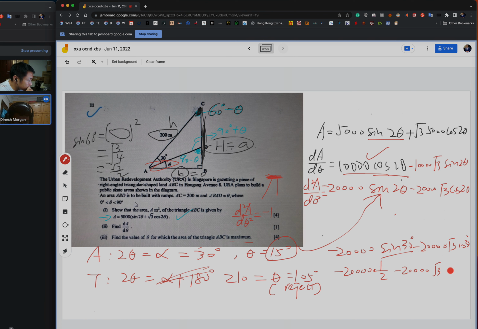Cosine 30. Okay, good. So then you can conclude that it's going to be a negative. I think it's good that you just get this answer out which is negative something. So the second derivative is negative, therefore the area of the triangle ABC is maximum.